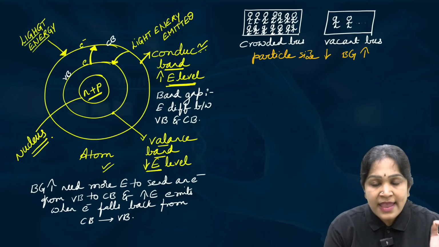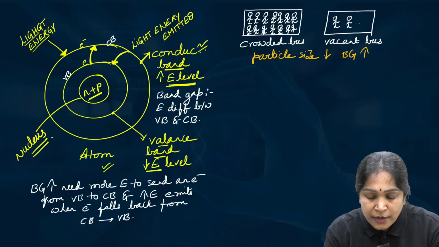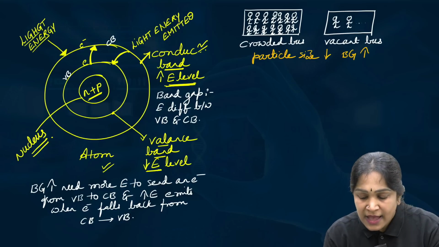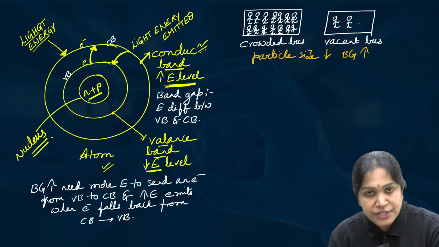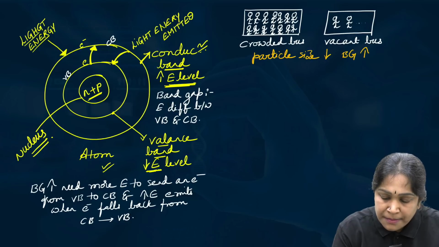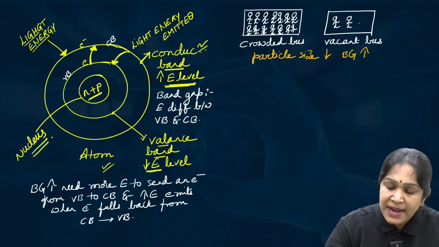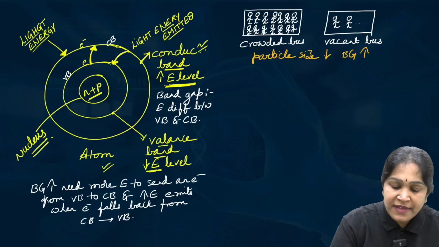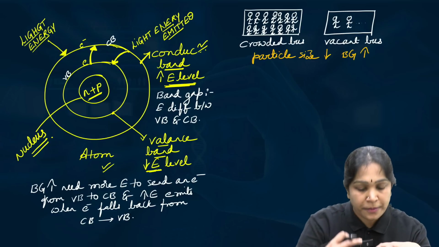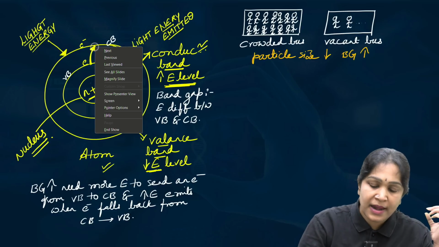And when the electron falls back from the high energy level to the low energy level, that is conduction band to the valence band, then the atom will emit the energy.